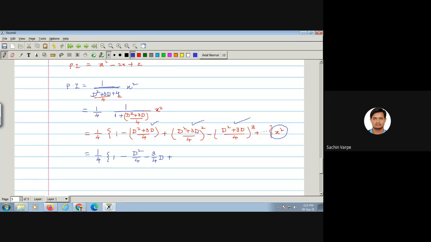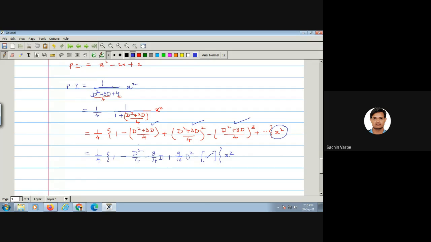Because the D square term plus twice ab also gives a D cube term, that is 0, and the last one is 3D by 4 the whole square, so that is 9 by 16 D square. Clear? Minus, in this also check which is the non-zero term, and we need to consider that here, and the whole will be operated on x square, and then take x square inside. That's it. This is what this method is all about.